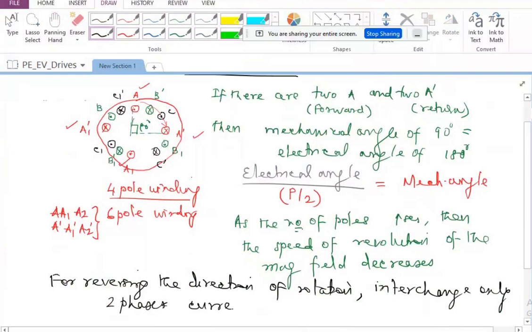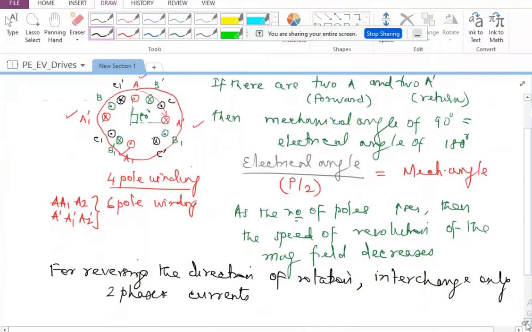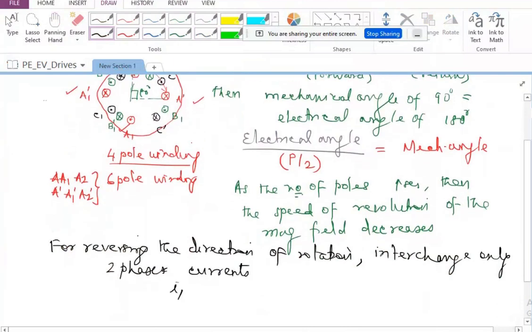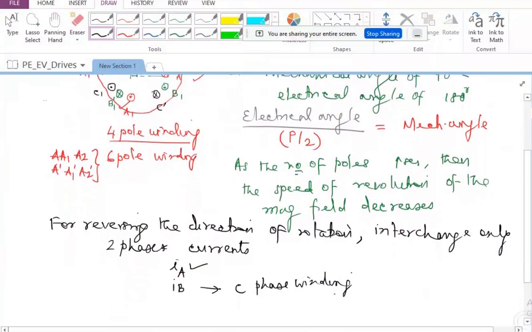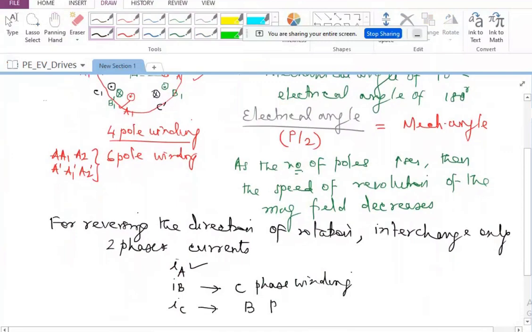So what I mean is you may have IA being retained as it is, but IB should be given to C phase winding and IC should be given to B phase winding. So you can do that instead.